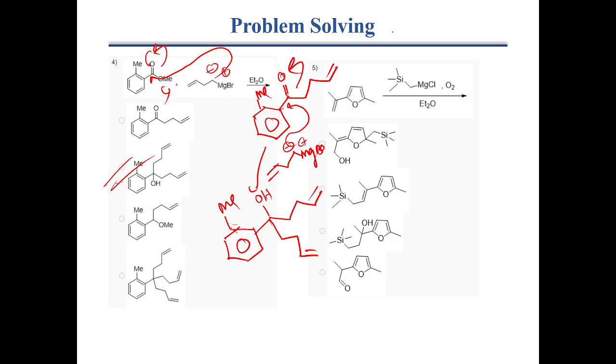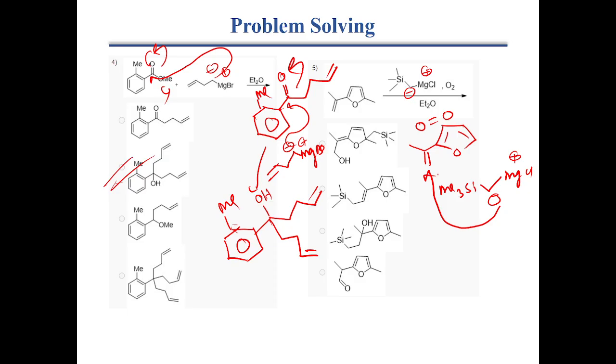Now also Grignard reagent. So what happens is that this is the electropositive and this is electronegative. So in presence of furan, alkene, and oxygen, double bond group, Me3SiCH2MgCl, plus minus. So this will react with the alkene and this negative charge is trapped by the oxygen.